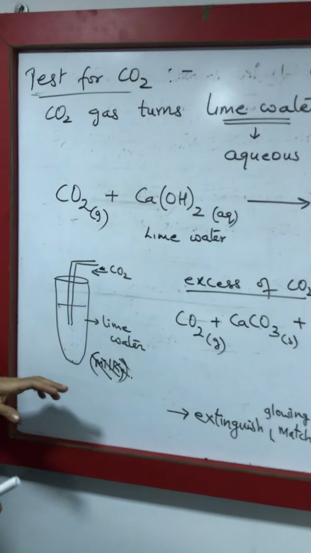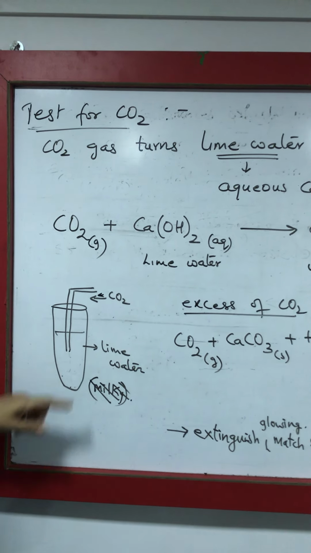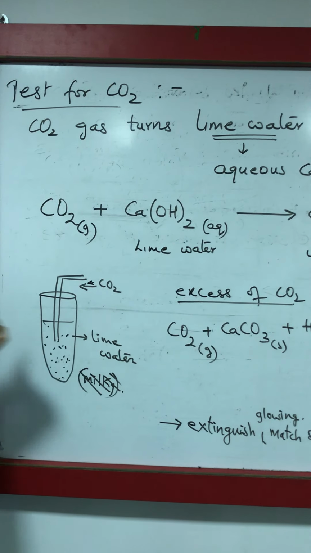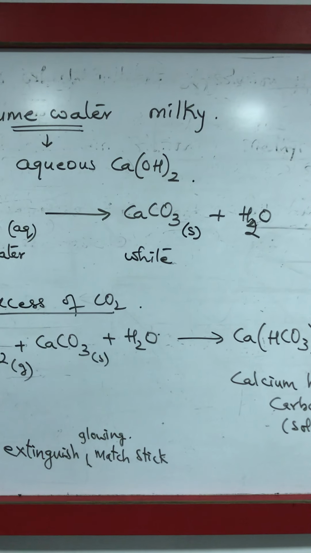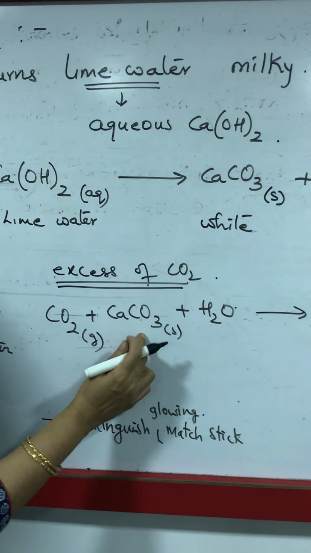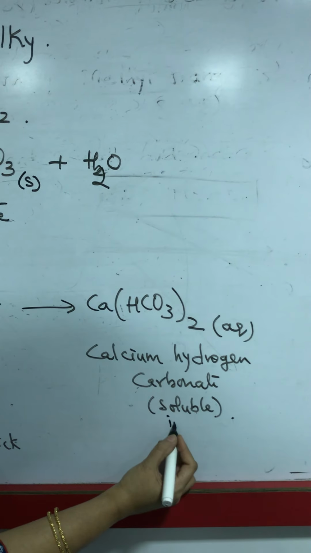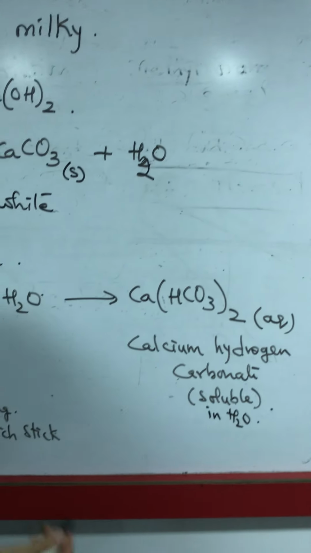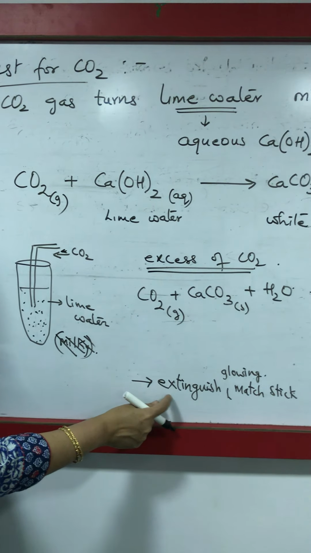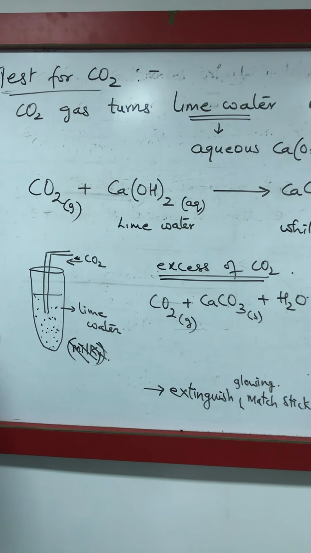So I just explained that lime water is initially transparent, and if you pass carbon dioxide into it, it will become milky, it will become cloudy in nature because of the formation of calcium carbonate, which is a white solid. But if you pass excess carbon dioxide, then the milkiness will disappear due to the formation of calcium hydrogen carbonate, which is water soluble. So we will also find that carbon dioxide does not support combustion by showing that it extinguishes a glowing splinter.